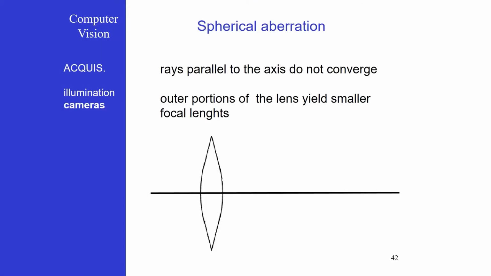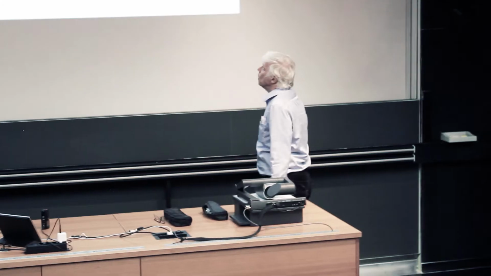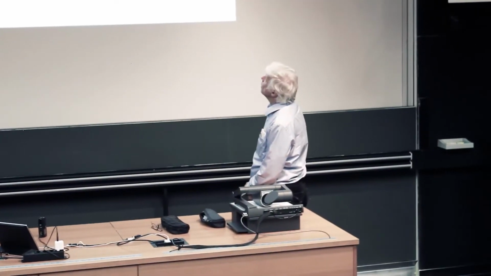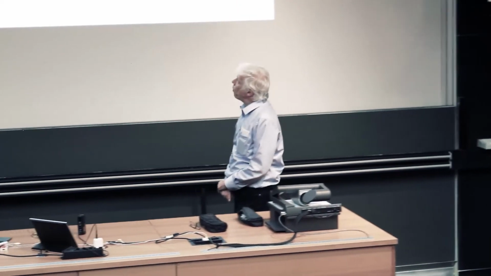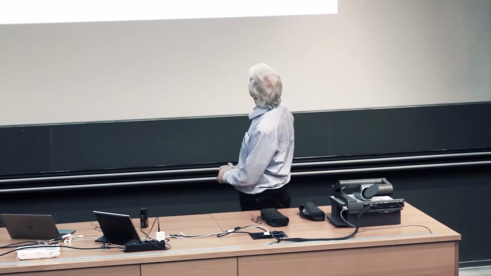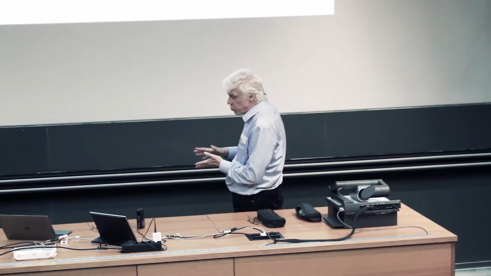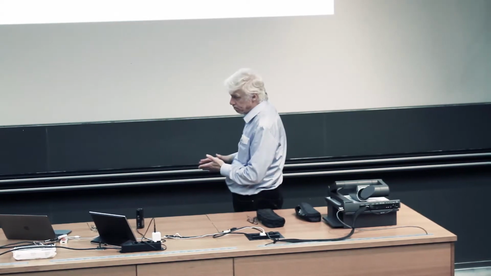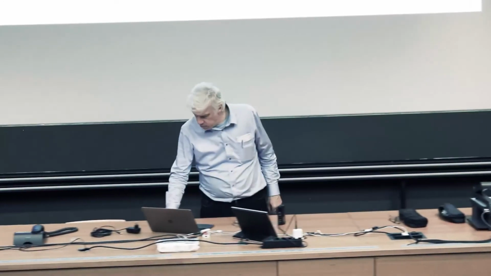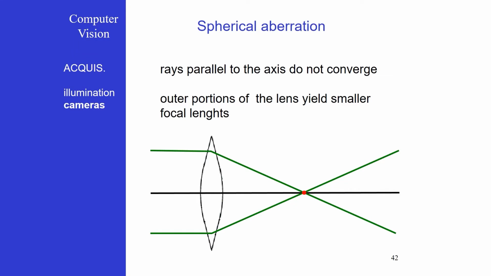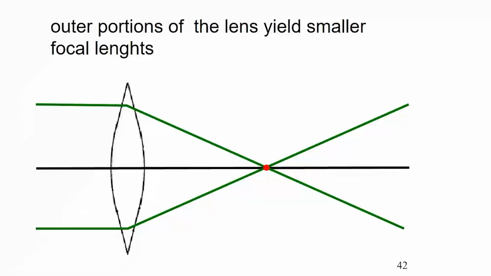First, spherical aberration. What does this refer to? Well, the problem is that rays parallel to the axis do not converge. So depending on how close you are to that optical axis, the point of convergence will actually differ. Here's what I mean. So if you have these rays rather far from the central optical axis, these rays will give a point of convergence here where you have the red point.